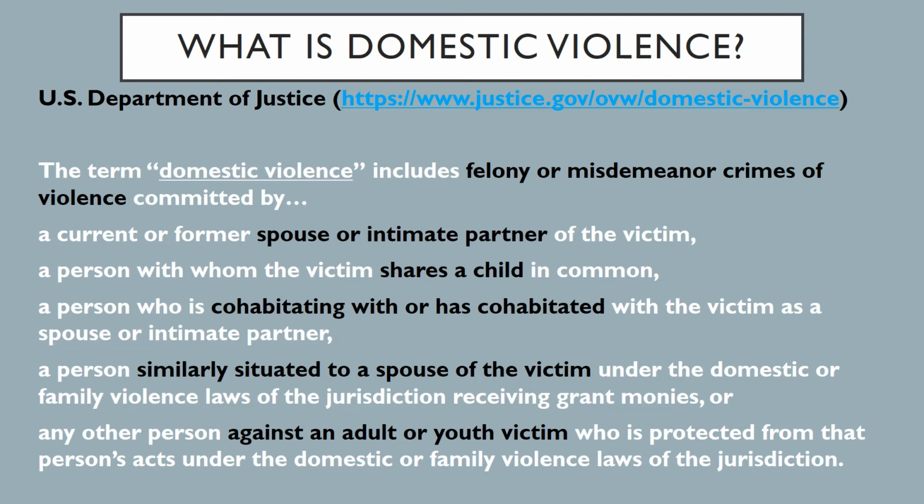And so that's good because it gives us a broad idea of what falls under domestic violence, but it's also difficult sometimes when we try to pinpoint what exactly is or isn't domestic violence in the realm of legal policies and laws that are on the books. And we'll see that come to light as we go forward in this course. So let's take a look at another way of defining domestic violence.